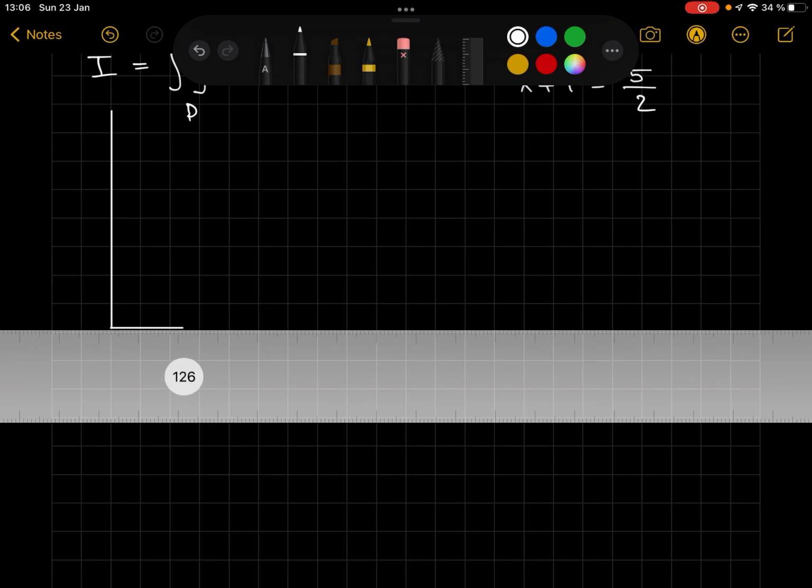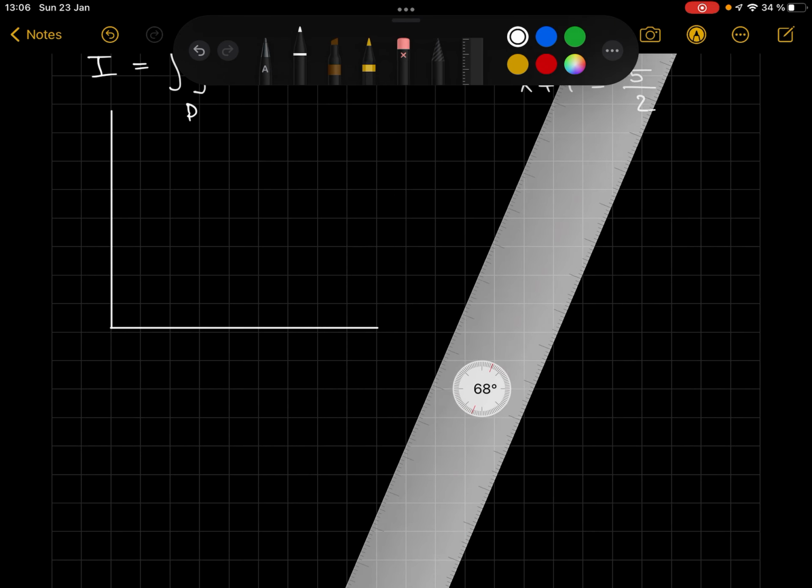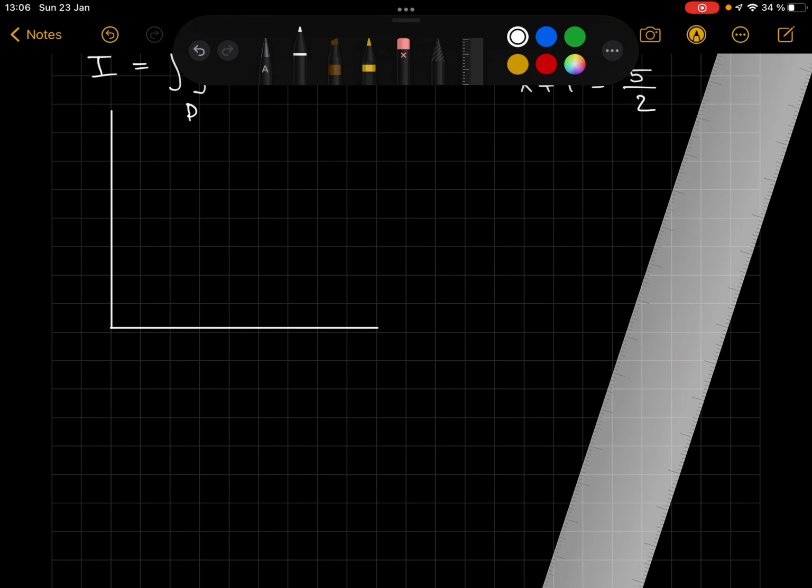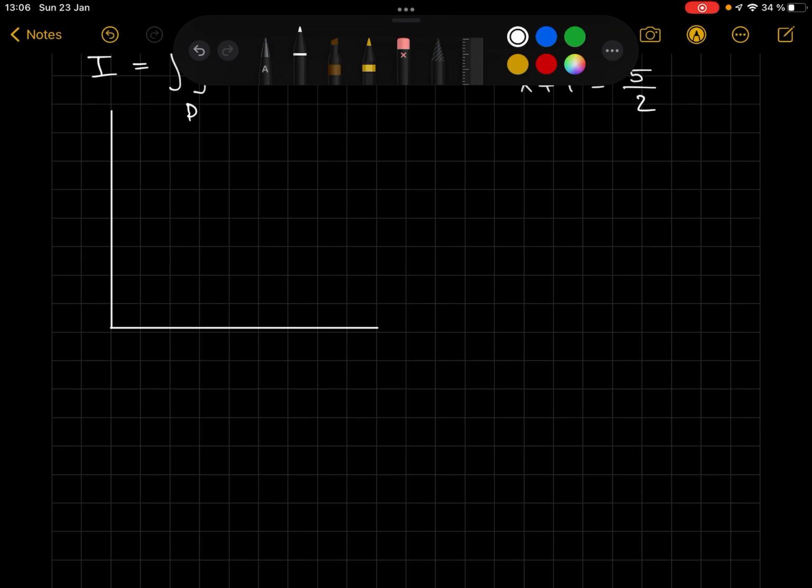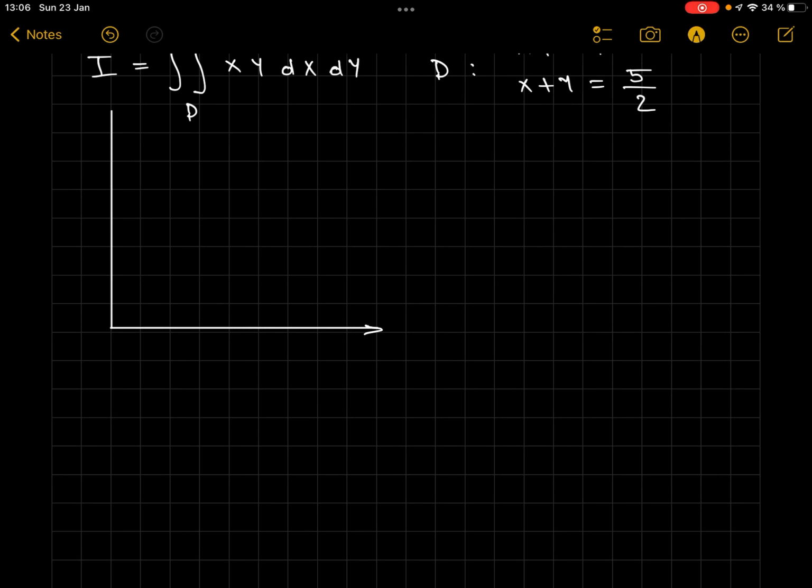I'm going to be graphing our standard xy coordinate system. This is the x-axis, this is the y-axis.